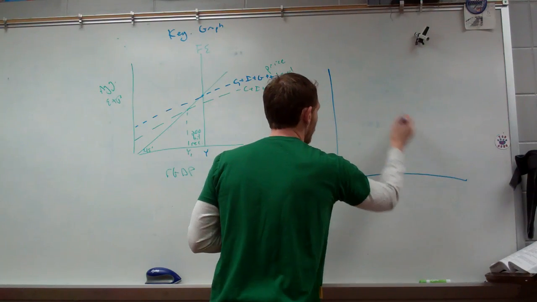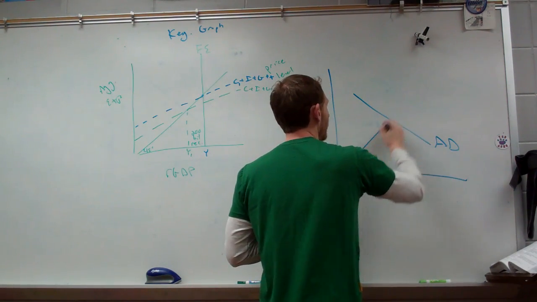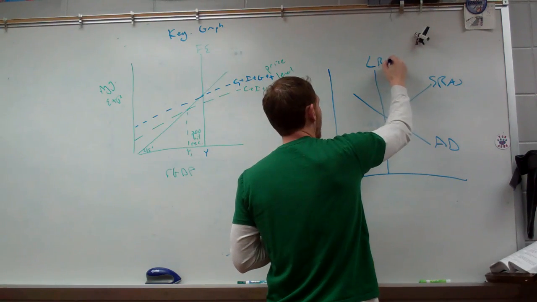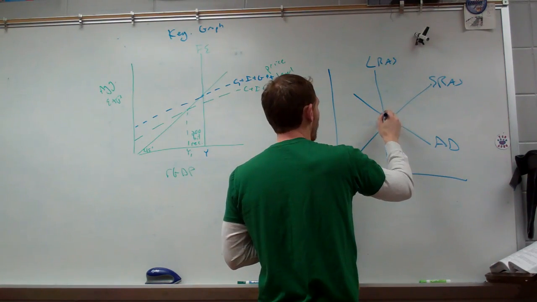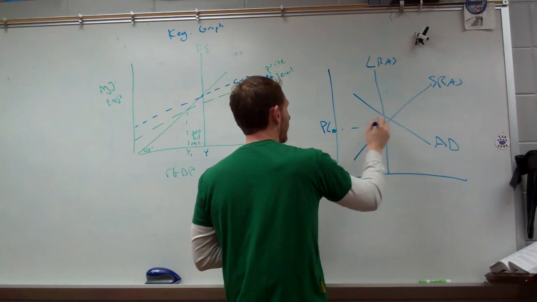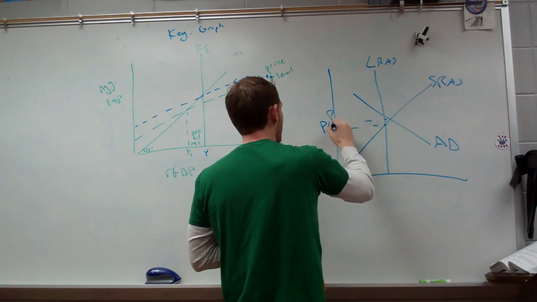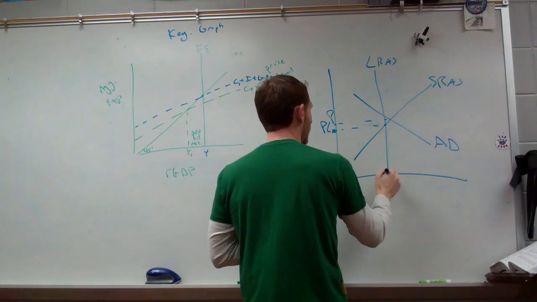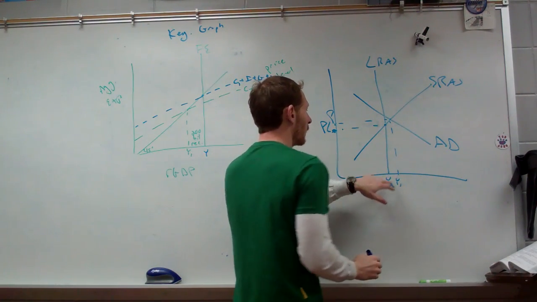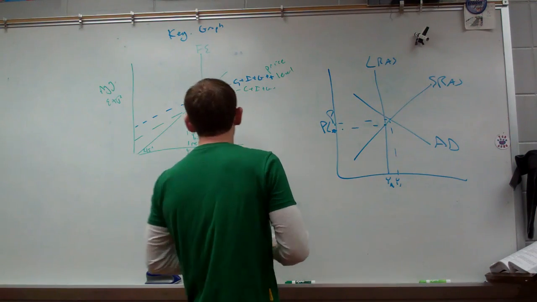So our graph would look like, here's AD, here's SRAS, here's long run aggregate supply, right? Price level should be right here, but instead it's actually at price sub 1. Here is our full employment output, but actually we're beyond it, right?